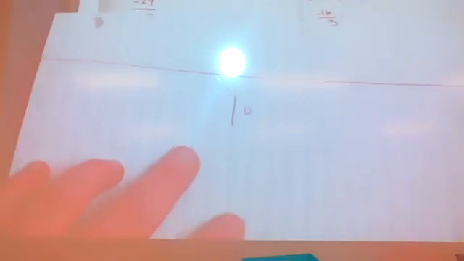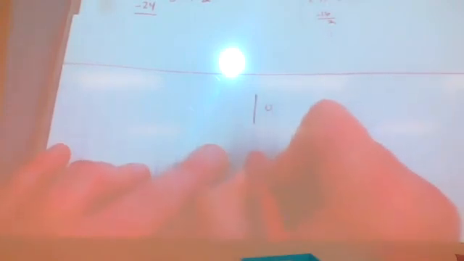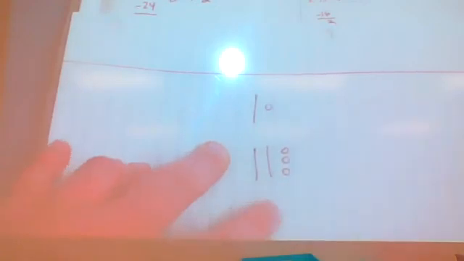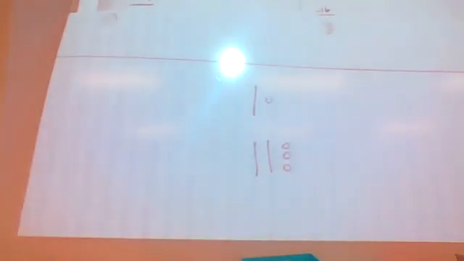I use one line for a 10, and I use a dot for a 1. You see that? So this makes 11. If I want to say 23, I would go 10, 20, 1, 2, 3. Those are called base 10 blocks. Okay?